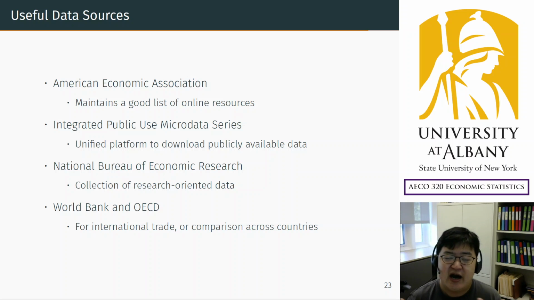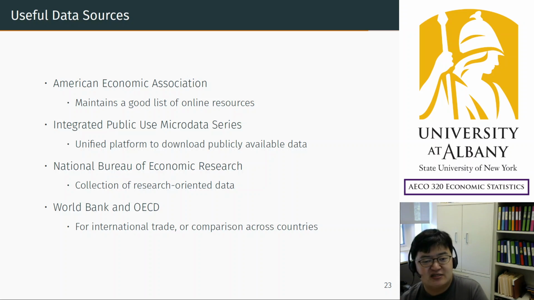For example, if I develop a new house price index, this is processed data, and when I publish the data, usually it goes to the National Bureau of Economic Research. This is a more research-oriented website.